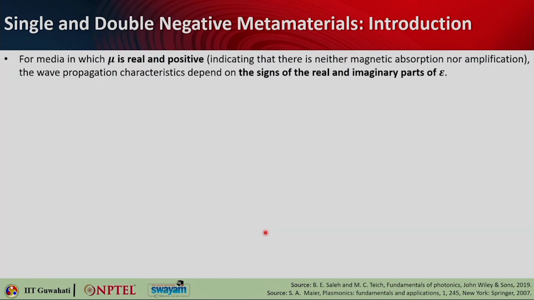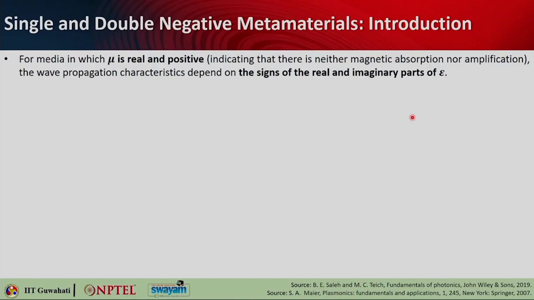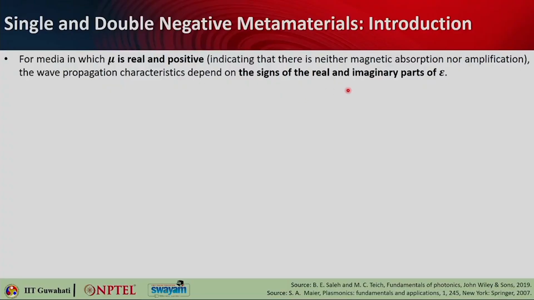Now if you consider a medium which has a permeability mu which is real and positive, that means that particular medium does not support magnetic absorption or amplification, okay. In that case the wave propagation characteristics mainly depend on the signs of the real and imaginary parts of the permittivity epsilon. So in those materials epsilon plays the most important role.